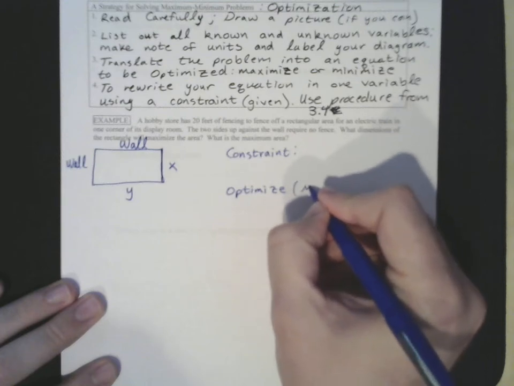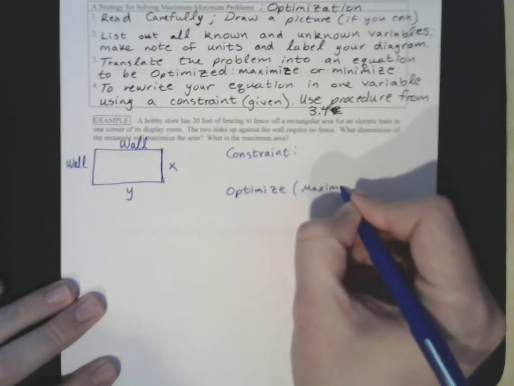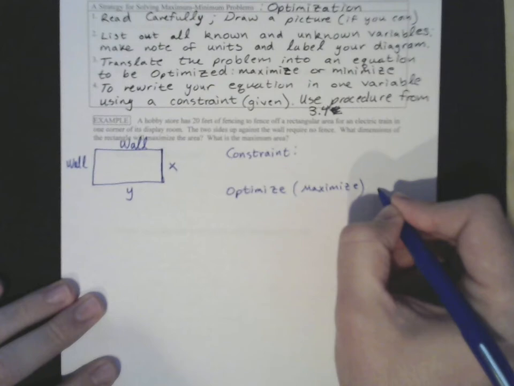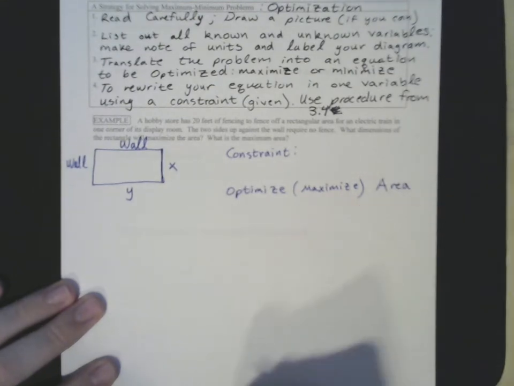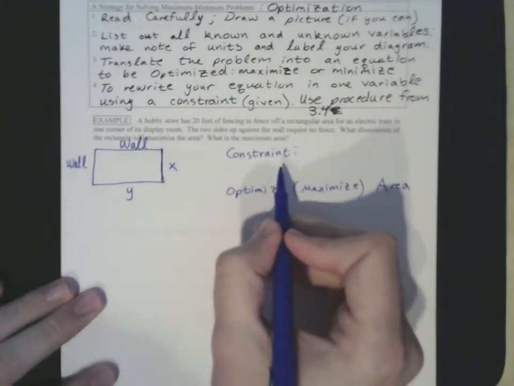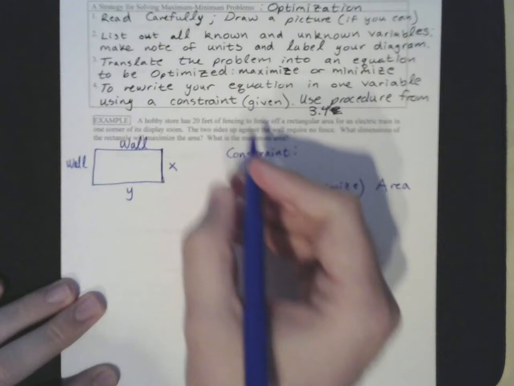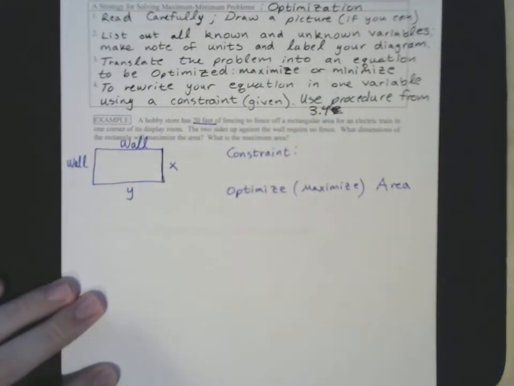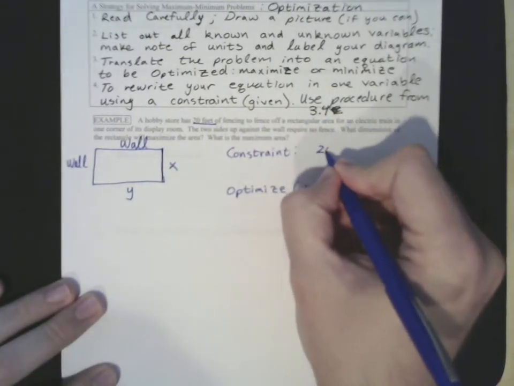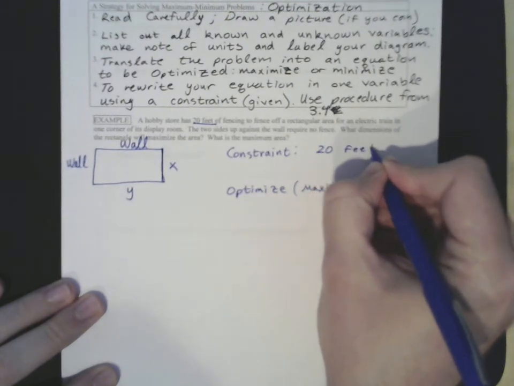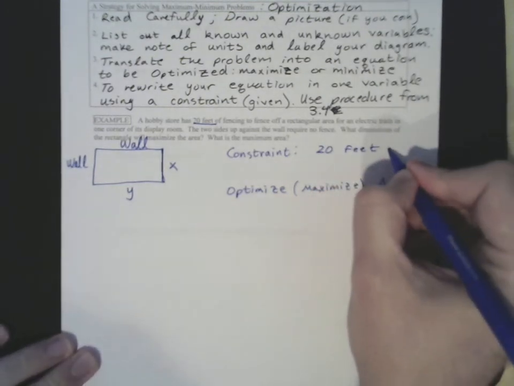In this case, we're maximizing, and that's area. So the constraint given to us by the problem is the thing that limits us to what we can do, and the limiting factor is our 20 feet of fencing.